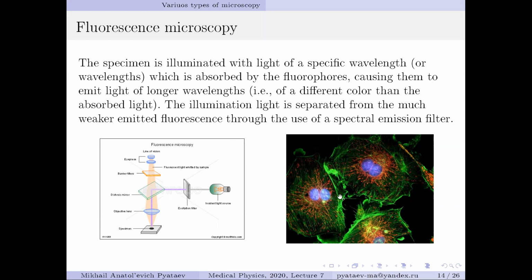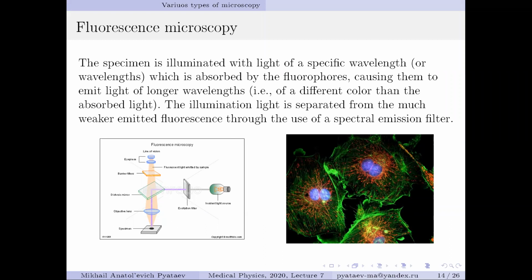Fluorescence is light with a different wavelength than the light of the source.